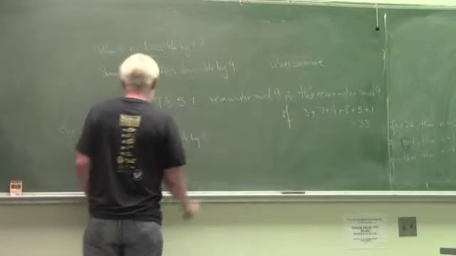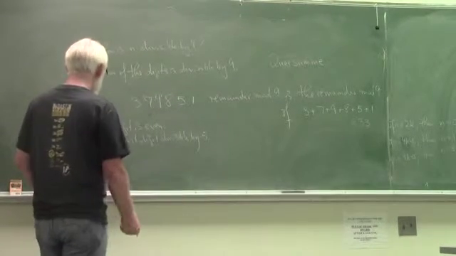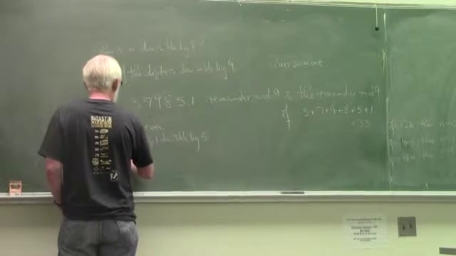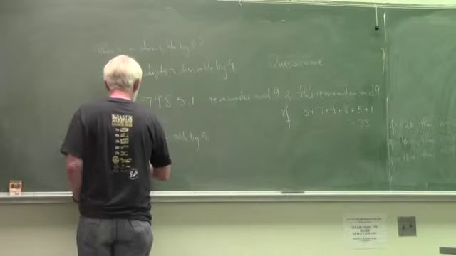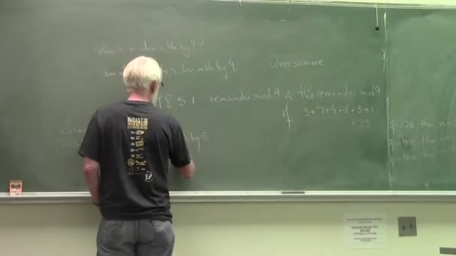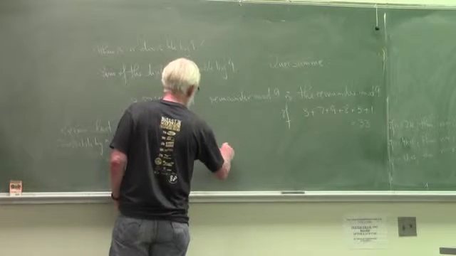If you want divisibility by 25, you say the last 2 digits are divisible by 25.